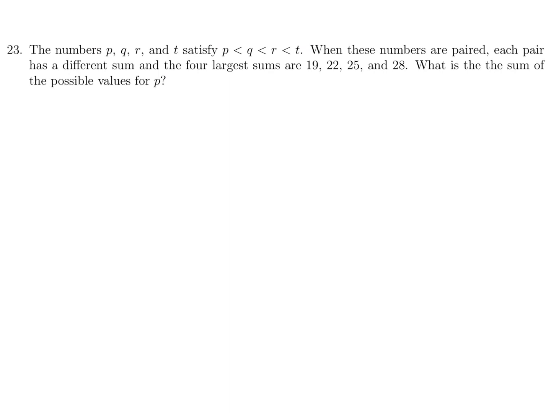The numbers P, Q, R, and T satisfy P less than Q less than R less than T. When these numbers are paired, each pair has a different sum, and the four largest sums are 19, 22, 25, and 28. What is the sum of the possible values of P?